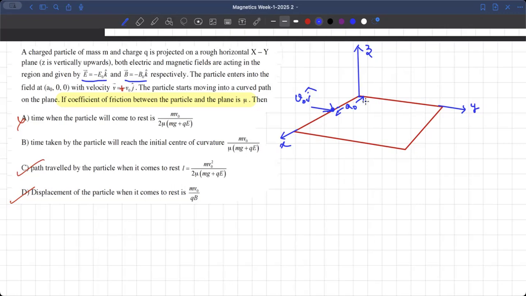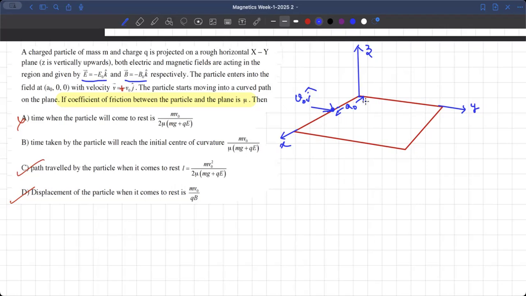This is a positive charge, by the way. So the electric field would have exerted a force in the direction of the field for a positive charge. The force is such that it exerts an additional normal reaction apart from the weight. In fact, the force will be more than mg.